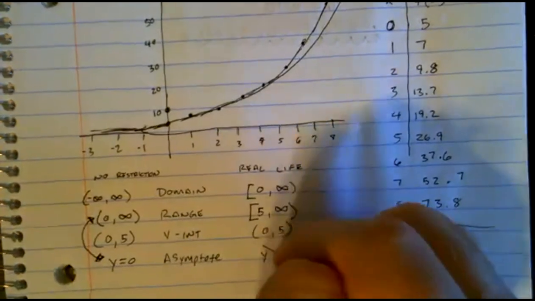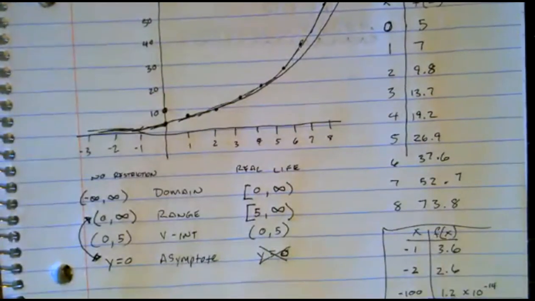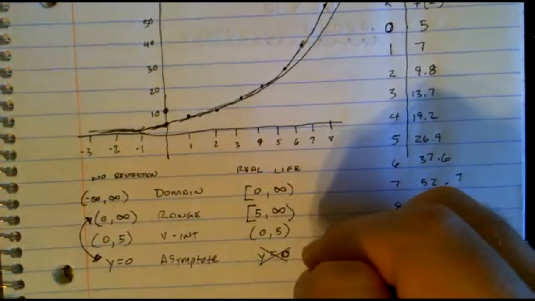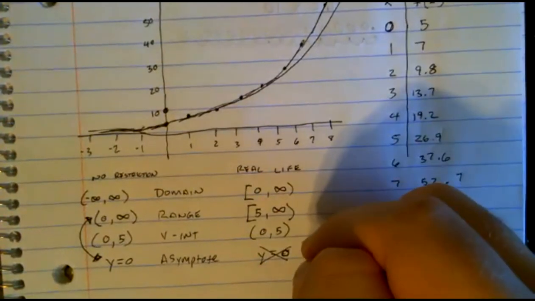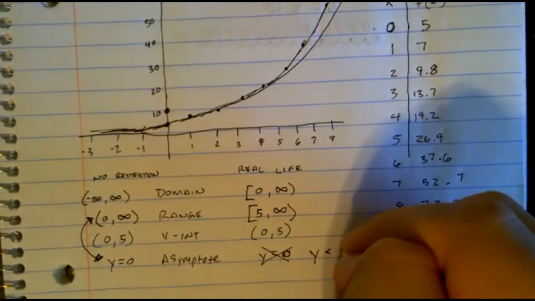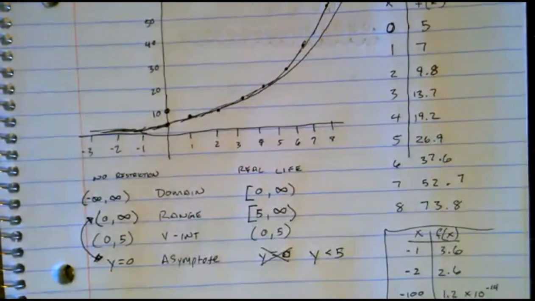So you really wouldn't describe an asymptote for a real world scenario because, right, I can touch 5, I can be at 5, and so my asymptote is not y equals 5. It would be as close to 5, right? So you would have to say, it is y equals less than 5 would be a more accurate asymptote.